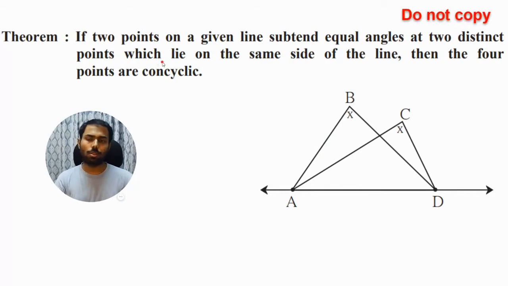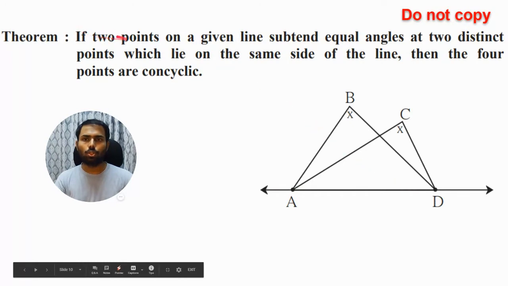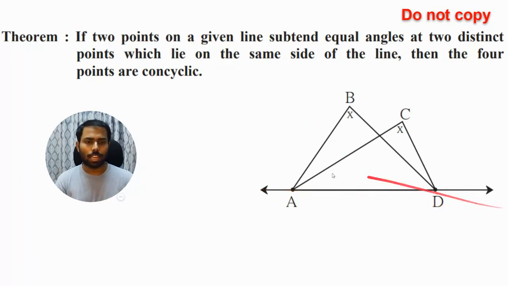What does this theorem say? If two points on a given line subtend equal angles, then suppose this is our line. The two points on the line are point A and point D. So two points on a given line, we have understood, this is our line and these two points are on it. Subtend equal angles means that from A and D an angle is formed at point B, and from the same two points an angle is also formed at point C, and both are equal. If this is x, this is also x, both are x.